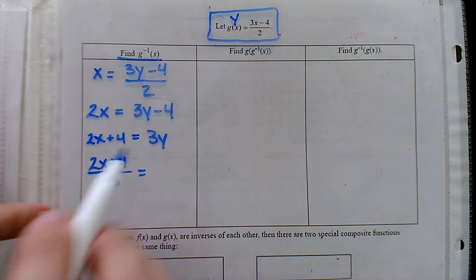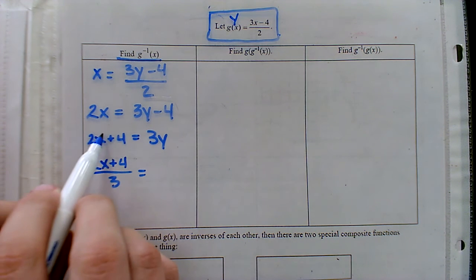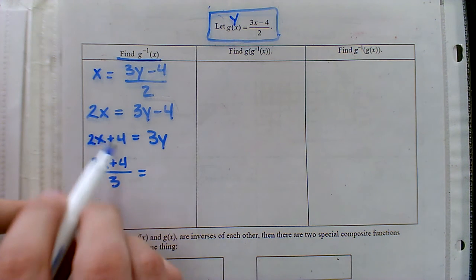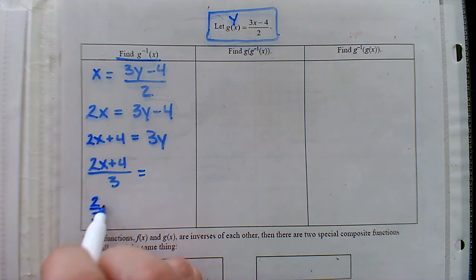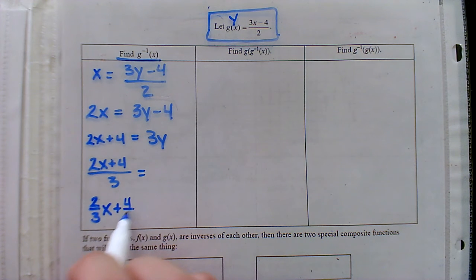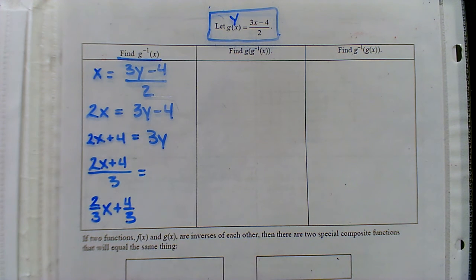Maybe you've seen it like this. If you divide the 3 over, you have to divide the 2x by 3, but also the 4 by 3. So this could be 2/3 x plus 4/3, if you do each division separately. Have we seen that before? Maybe. It really doesn't matter which way you represent it. They're both mathematically correct.